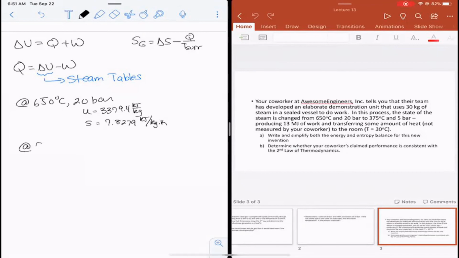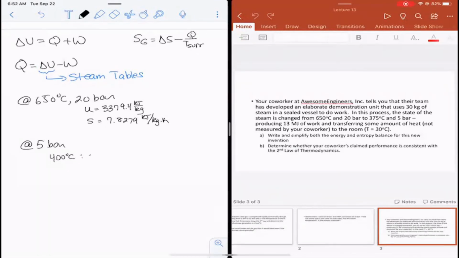So at 5 bar, we know that for 400 degrees C from the steam tables, the internal energy is equal to 2963.5, and the entropy is 7.7948. And of course, if I have a little bit more rigor here and put in the units, this is kilojoules per kilogram, and this is kilojoules per kilogram Kelvin.